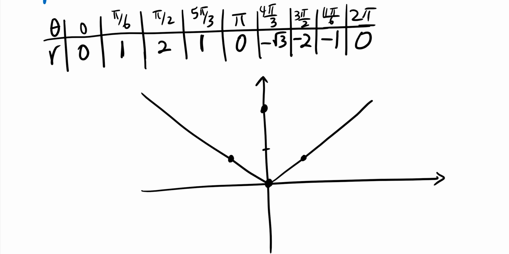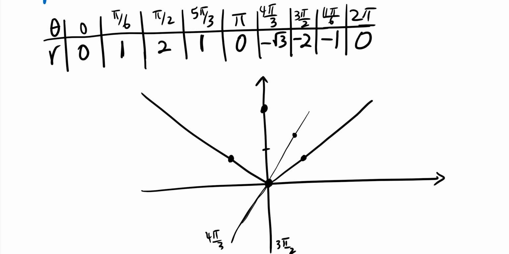Now the next one, 4 pi over 3, that's 240. 240, maybe something like this. And on the 240 we need to move on negative root 3, so that's going to go in the opposite direction here. 3 pi over 2, which is 3 pi over 2 here, that's 4 pi over 3.